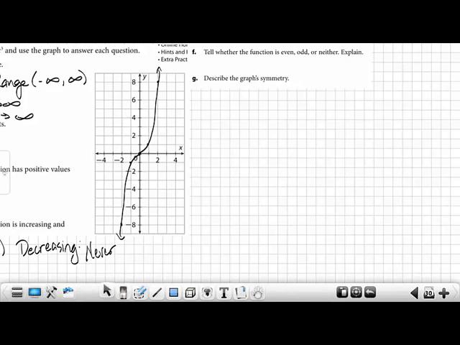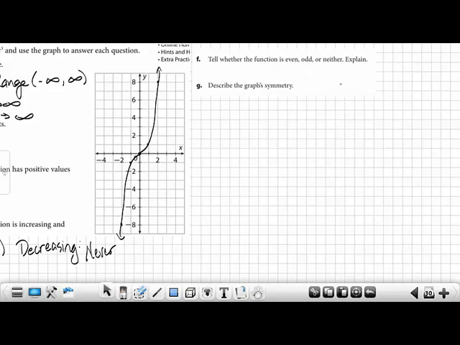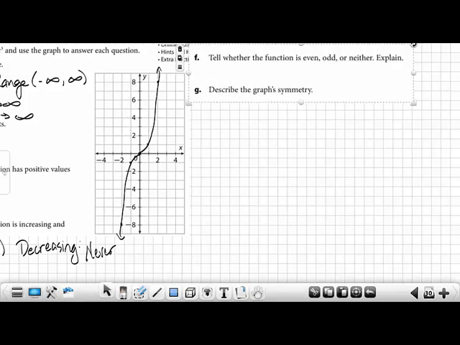Okay, Raymond. It's not. It's odd. There's only one thing left. Alicia, why is it odd? The symmetry has origin symmetry.